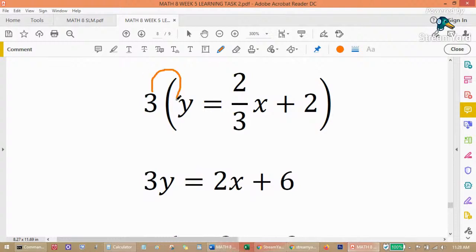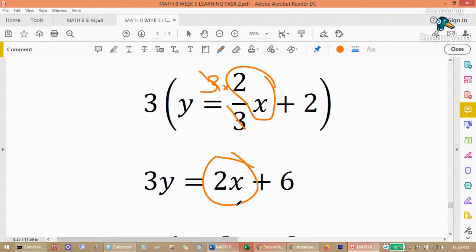So 3 times y is 3y equals 3 times 2/3 x. Yung 3 sa taas, magka-cancel sa 3 sa baba, ang maiiwan is 2x.